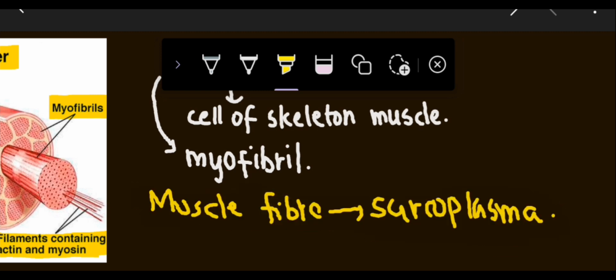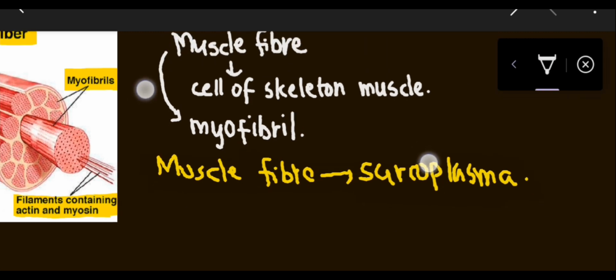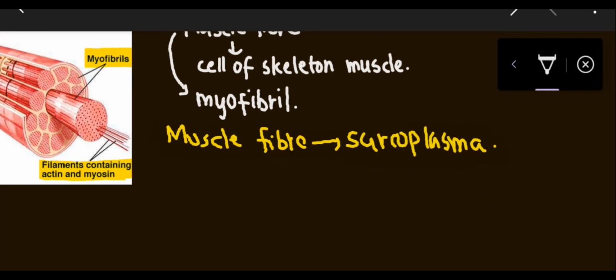Okay. After this we do have what? So if this is sarcoplasm, this means the cytoplasm which is present in this muscle fiber. Because we know our cell is surrounded by plasma membrane and the cytoplasm is also present.